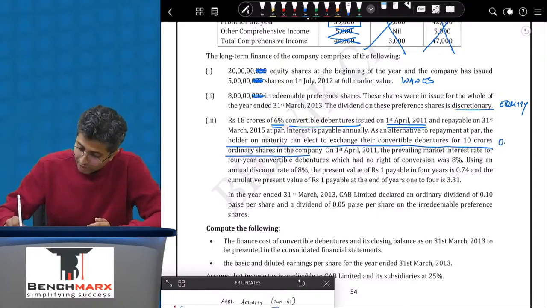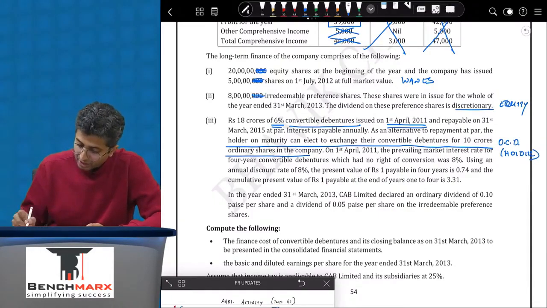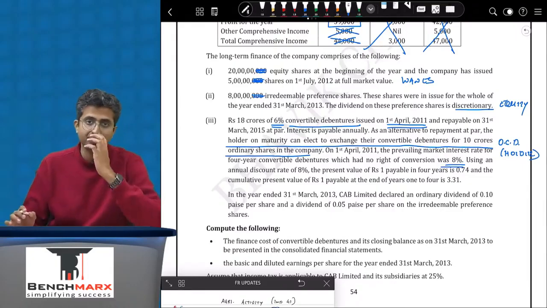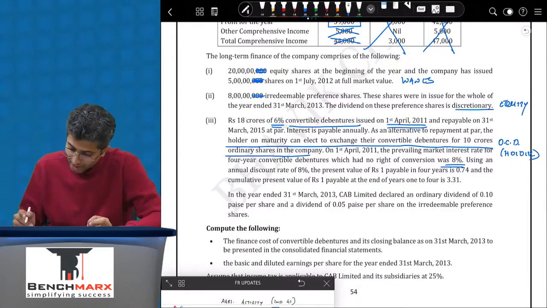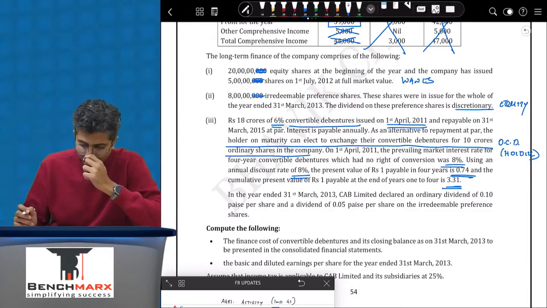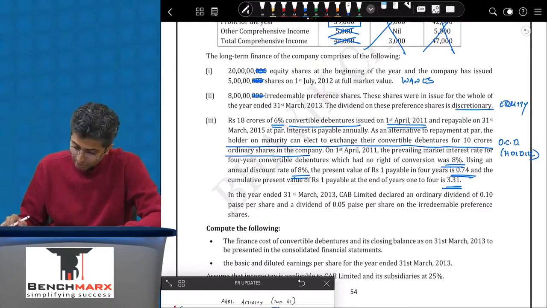So this is an optionally convertible debenture where the option rests with the holder. On 1st April 11, the prevailing market rate of interest for a 4-year convertible debenture which has no right of conversion was 8%. So this is a market rate of interest of similar instruments without the conversion option. Using an annual discount rate of 8%, the present value of 1 rupee payable in 4 years is 0.74 and the cumulative value is 3.31. So this will help you in calculating the liability component and the equity component.